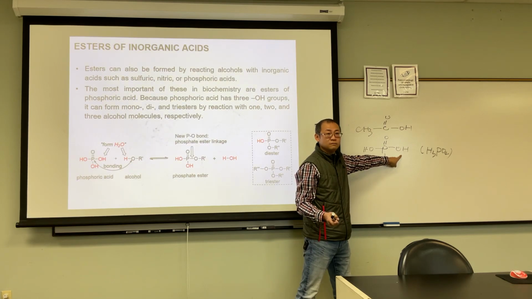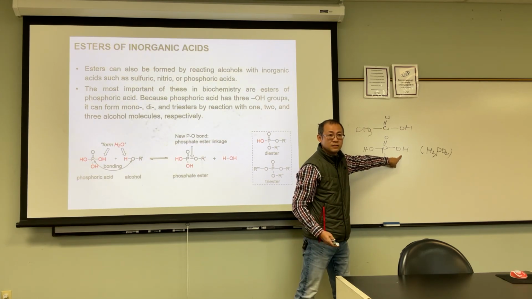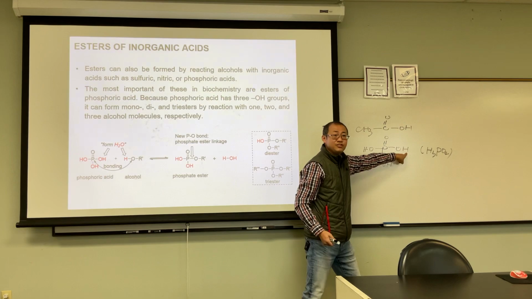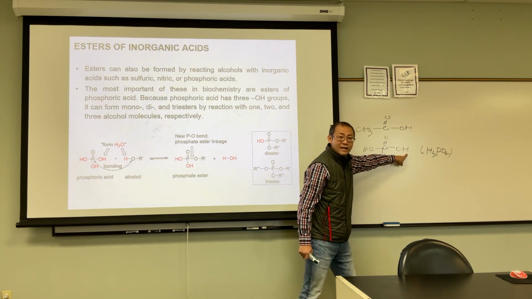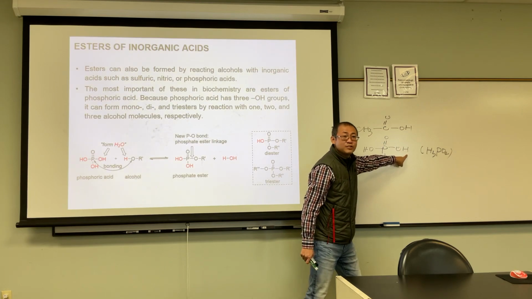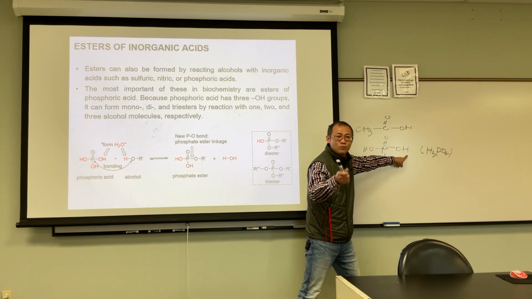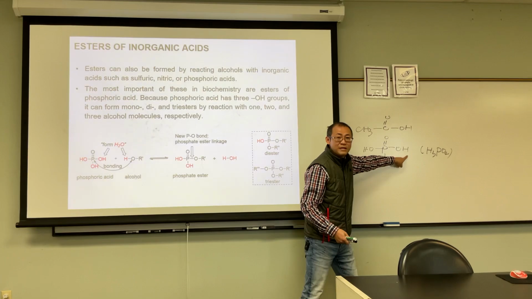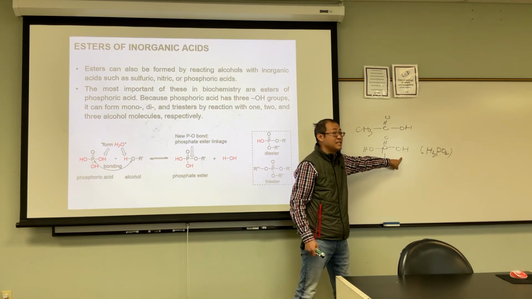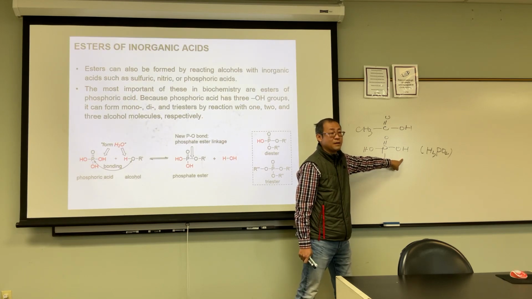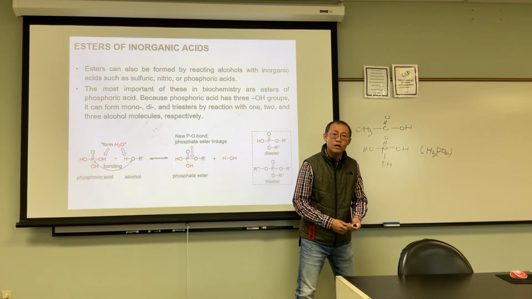They're similar in many ways. For example, this hydrogen in water will ionize to become H3O+. Do you guys remember that reaction in water? Hydrogen will be taken by water to give H3O+. Phosphoric acid can do the same thing. We didn't study that because phosphoric acid is not an organic acid.